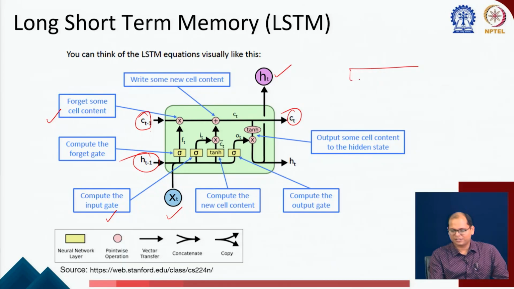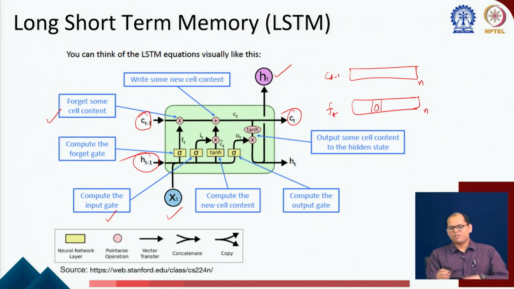So, suppose the cell state is n dimension, CT minus 1 is n dimension, your forget gate FT will also be n dimension. So it will tell you, suppose somewhere your value is 0. You will multiply it with the previous state and say, okay, that means I have forgotten that.